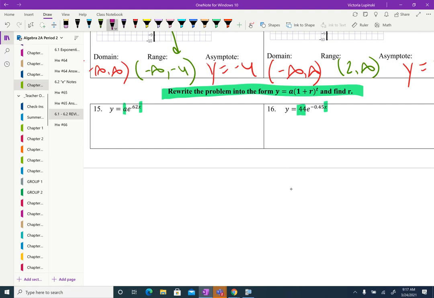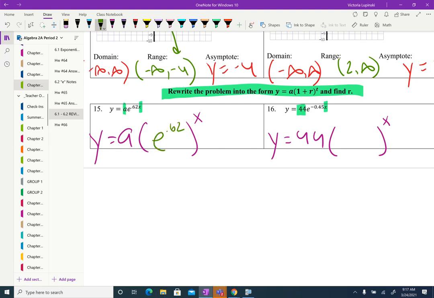So you're going to rewrite this as leave the a on the inside, leave the x or the t on the outside. In number 16, leave the 44 on the outside and leave the x on the outside. And then put everything else on the inside. So e to the 0.62 and e to the negative 0.45.